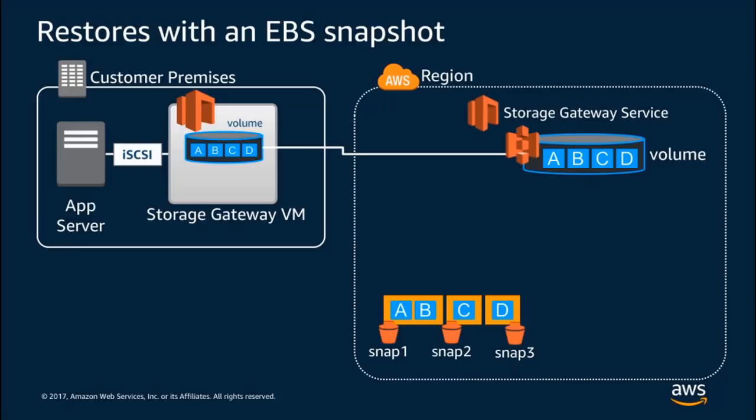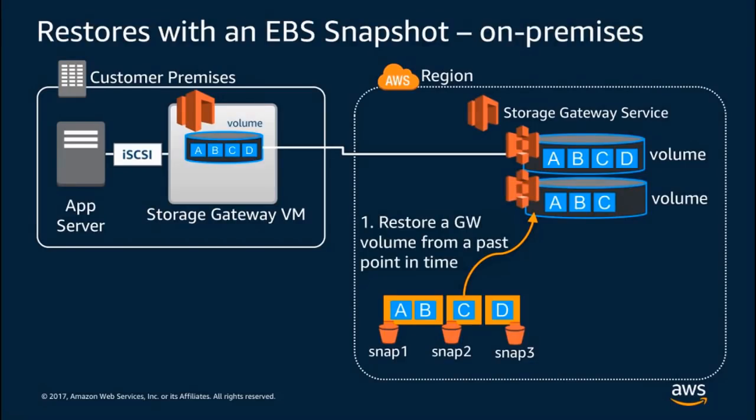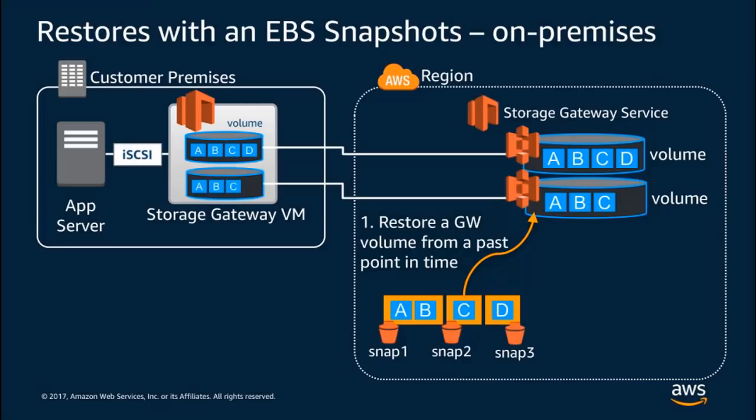If I want to recover something from maybe yesterday's backup, snap 2 in this case, I can request the Storage Gateway to create a volume from snap 2. Here I get my volume in cloud. That then surfaces to me as a new iSCSI LUN that my application can access that contains the volume as of that snapshot. So maybe we're an example where a user accidentally deleted the file. I can go back and find that file now in yesterday's snapshot.